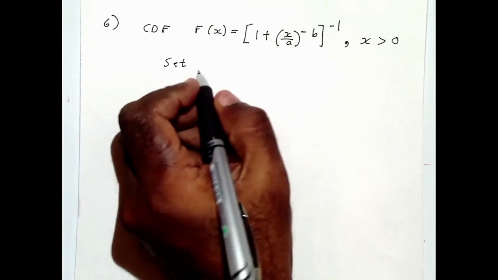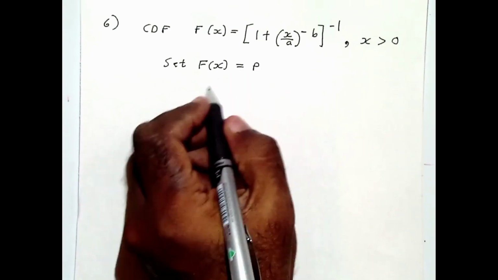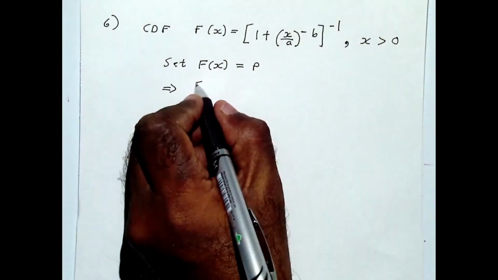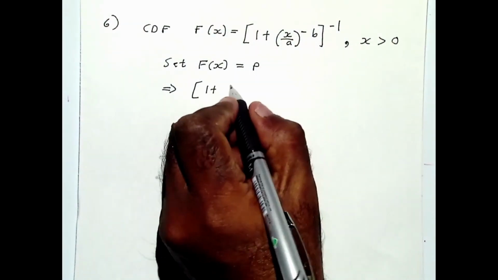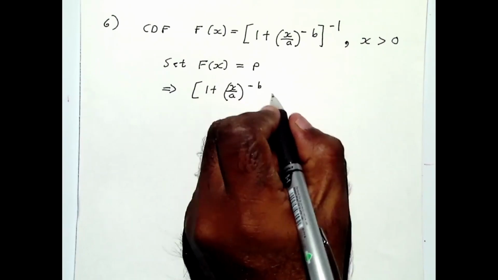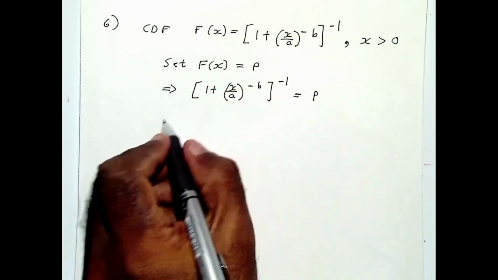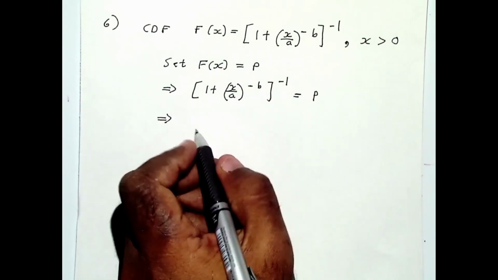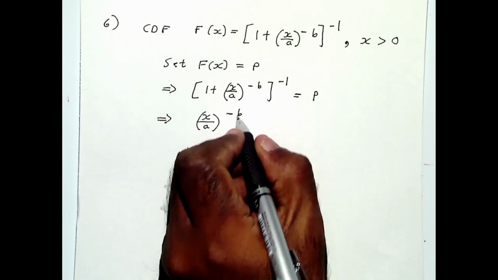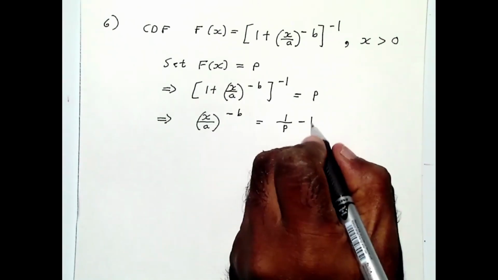So to find the VaR, you set the CDF equal to p. All right. Okay, so this becomes one over p minus 1.